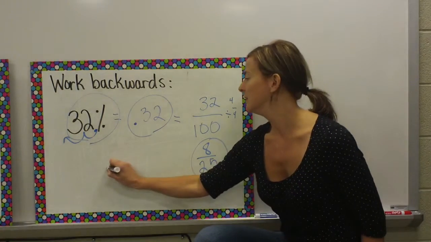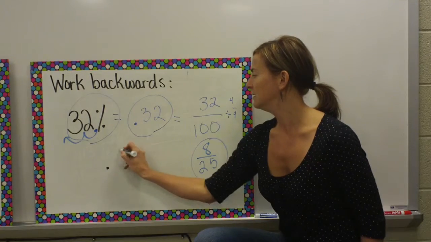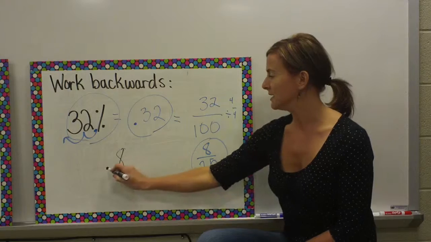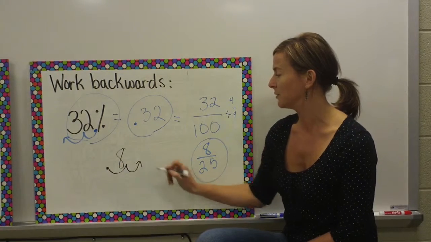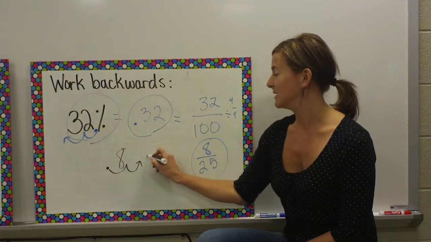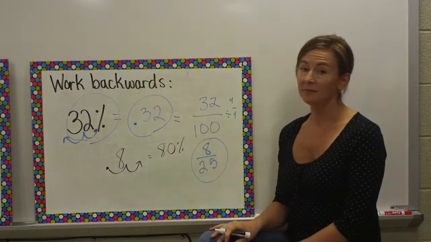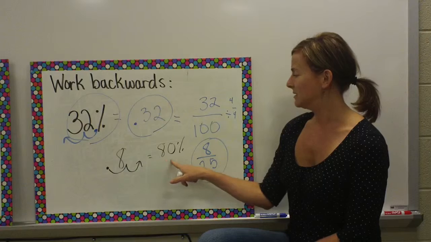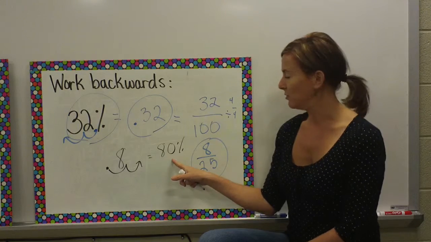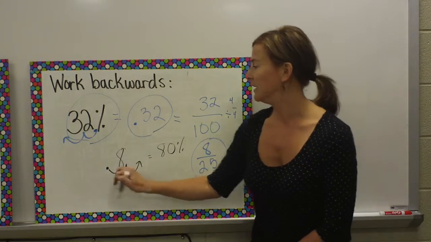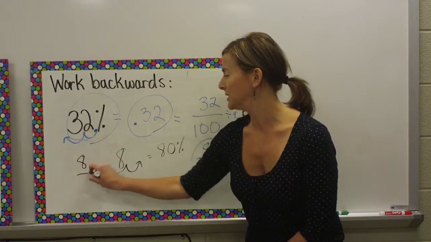Let's say I'm given the decimal 0.8. Well, to get that into a percent, I simply go 1, 2 to the right. So I would have to tack on a 0. That would be 80%. Because I know that 80% is a number out of 100, I could write 80 over 100. Or I could take a look at my decimal and I could say, well, my numerator's 8.